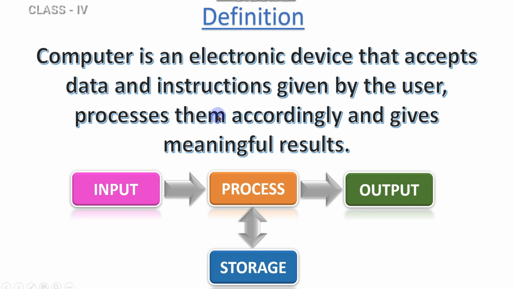Accordingly means if we are typing letters, it will show us the letters, and if we are doing any mathematical problem, it will give us the result of that problem. It processes them accordingly and gives a meaningful result.